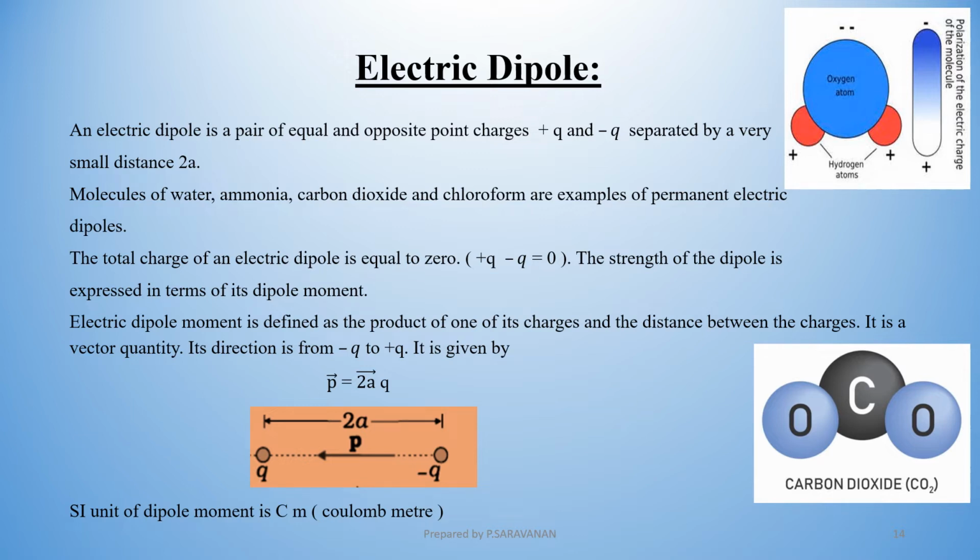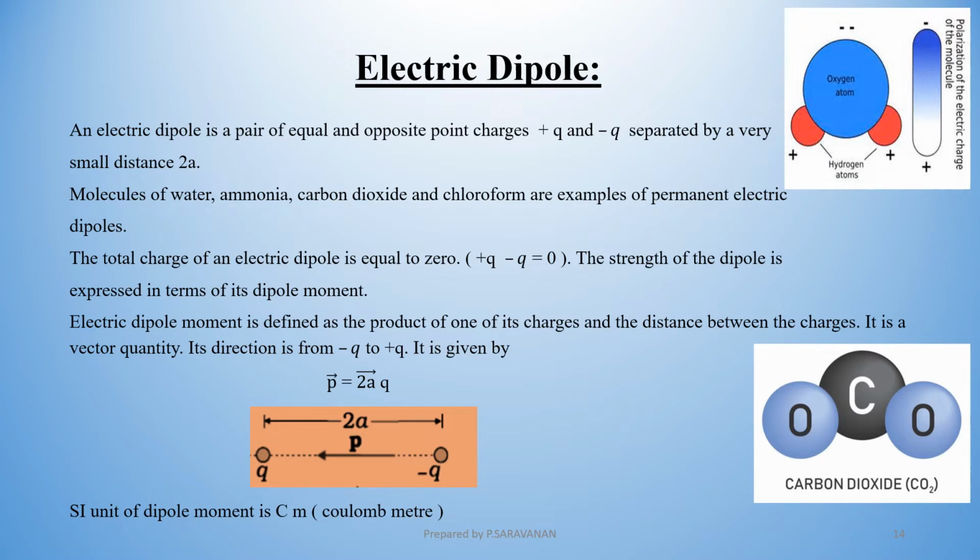Because every molecule is made up of atoms and every atom is made up of positive and negative charges. The center of gravity of positive charges and the center of gravity of negative charges may be coinciding with each other or they may be separated from each other.